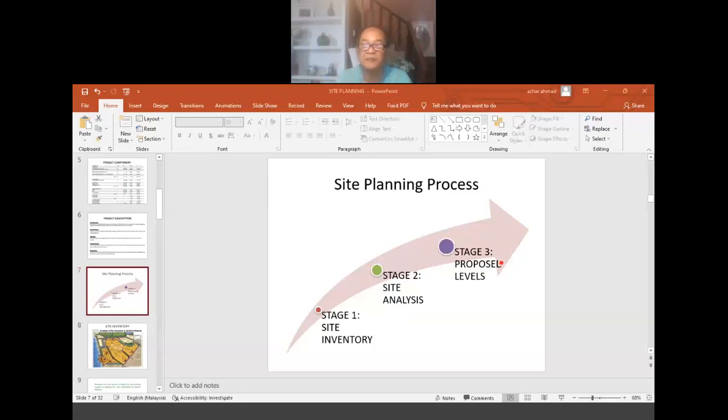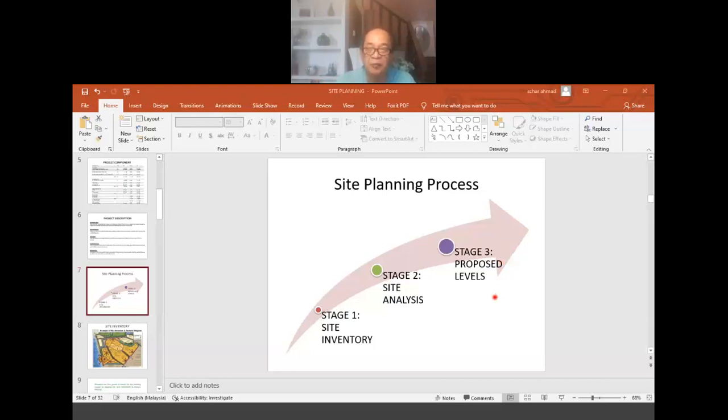So the first 3 to 4 weeks is for you to study and to come up with a proposed level. To study meaning that later on you will see that you need to study the site. Okay, and from there we will come to a conclusion of a proposed level by going through these two stages, right?